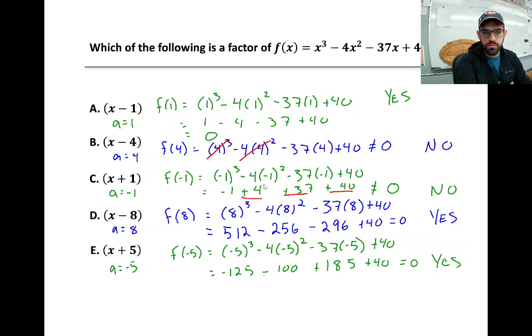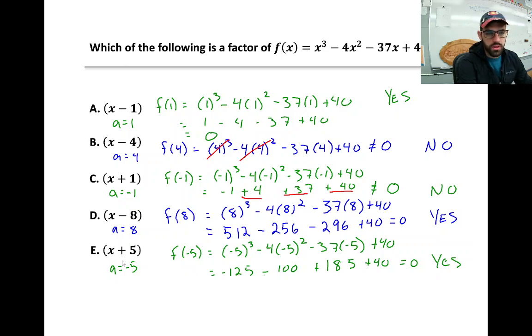When you plug in negative 1 and you calculate it, we see that we get an answer that's not equal to 0. So x plus 1 is not a factor of this polynomial. And we could keep going. If we have x minus 8, we would plug in 8 into the function, we would get 0. So x minus 8 would also be a factor of this polynomial.